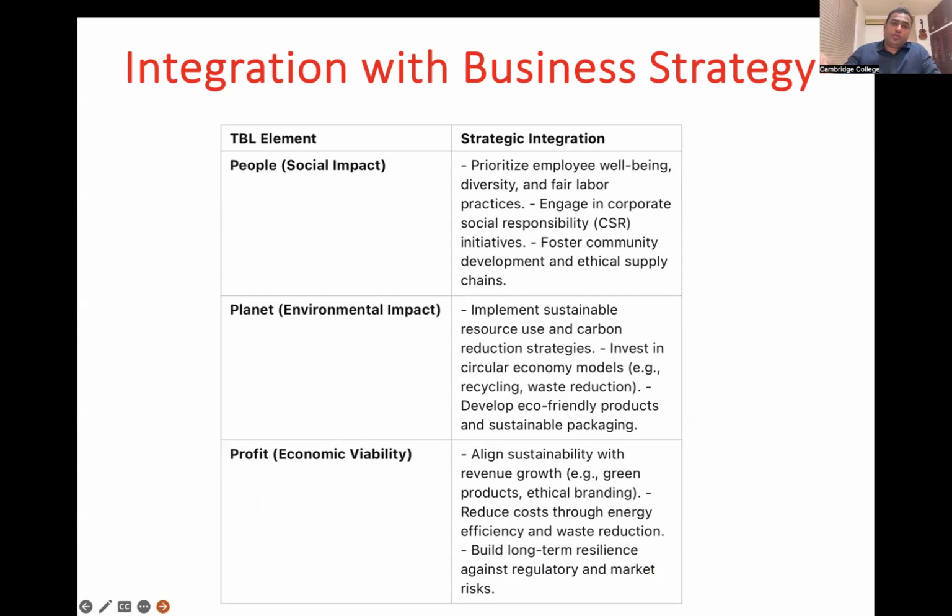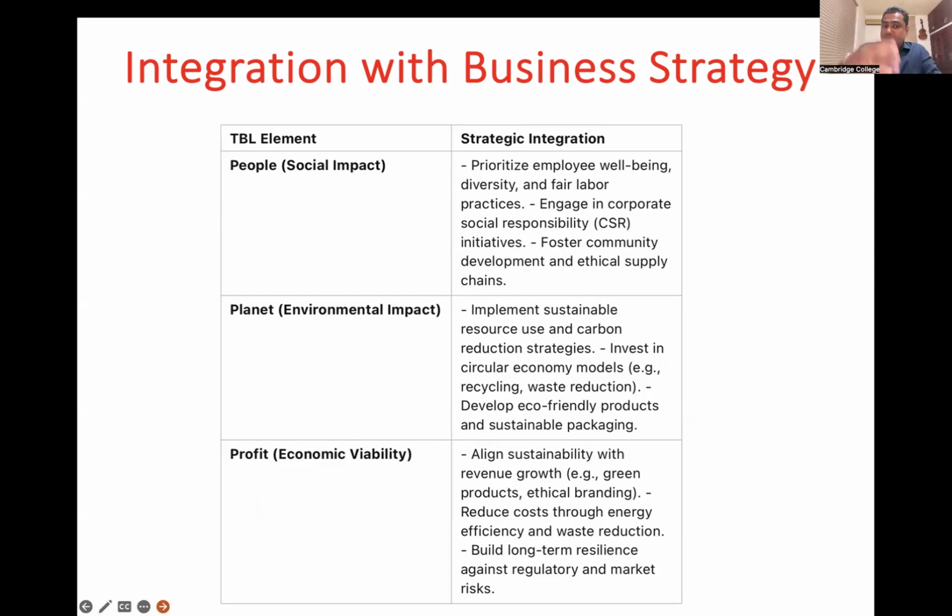But you have to use these credentials, these initiatives that you do after that to communicate to your customers, your suppliers, your distributors, and leverage these strategic initiatives.